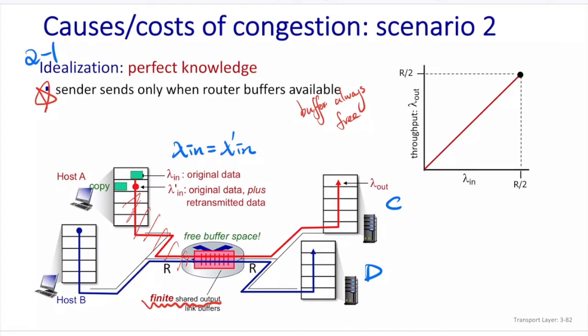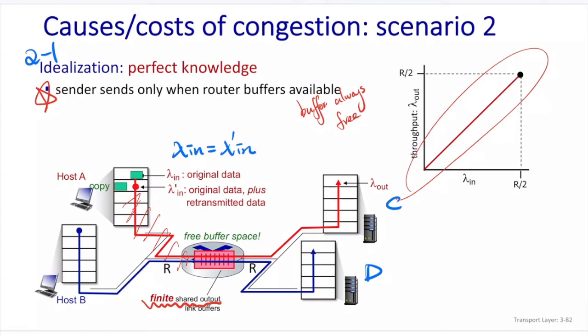So the sender only sends packets when the buffer is available. So no packet loss, no retransmission. At this moment, lambda in equals lambda prime in equals lambda out. So you can see that.